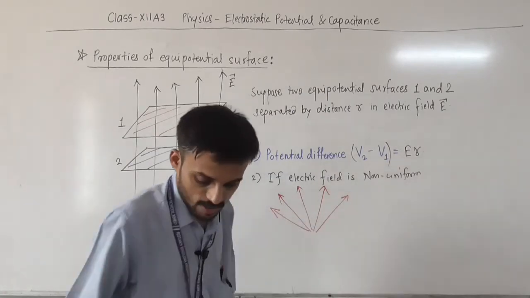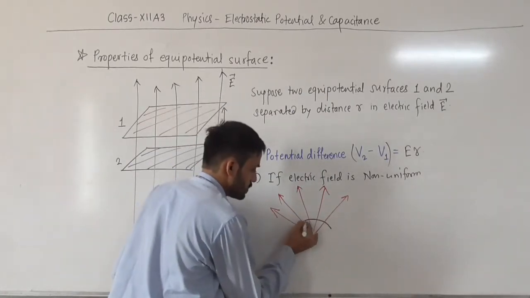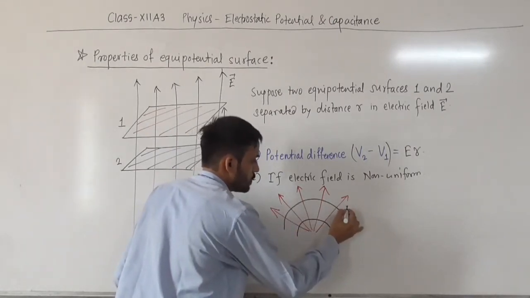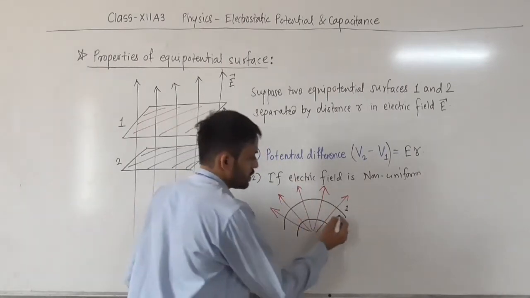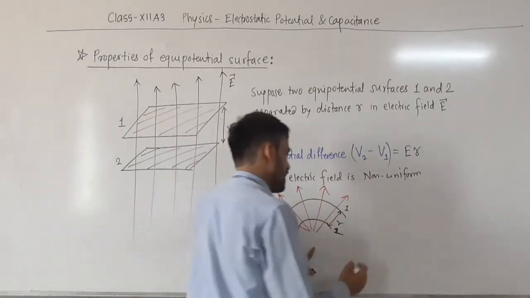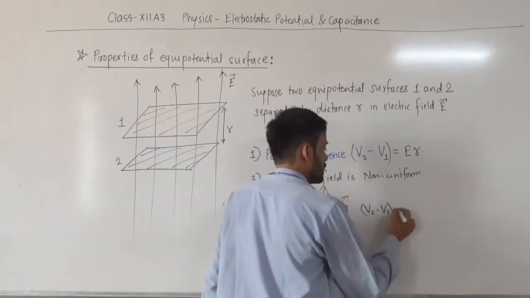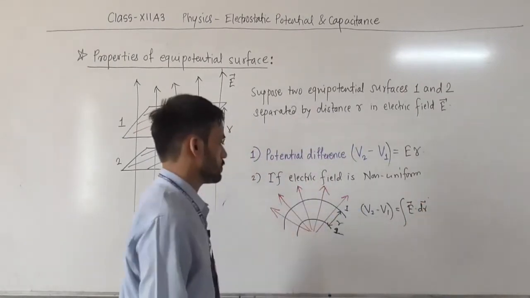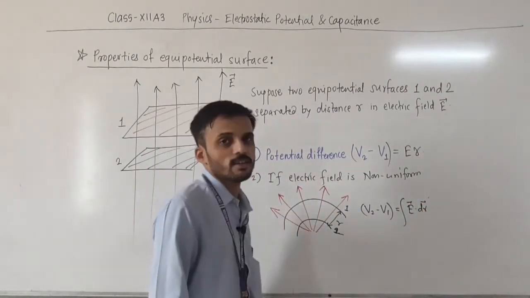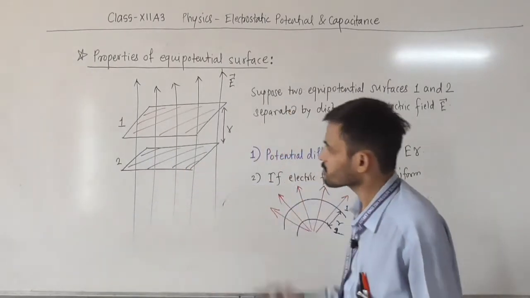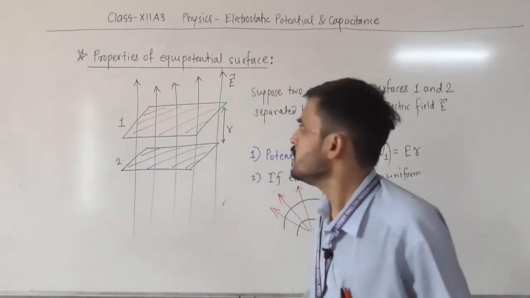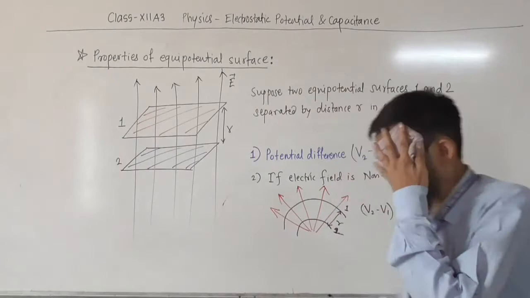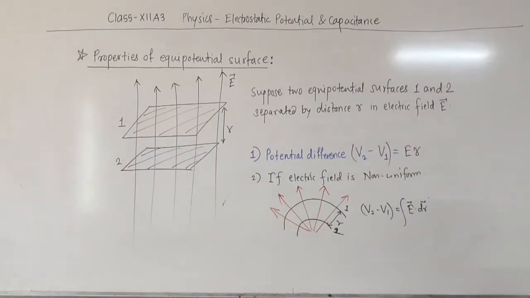Okay, and here I have considered 2 surfaces, surface number 1 and surface number 2, separated by distance R. Then here V2 minus V1 we can write as integration E dot dr. Okay, so we can do that. This is some sort of more information about the equipotential surface. I will suggest you to note this down, then we will go for further information.